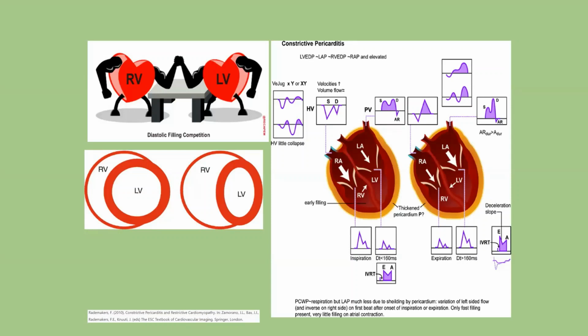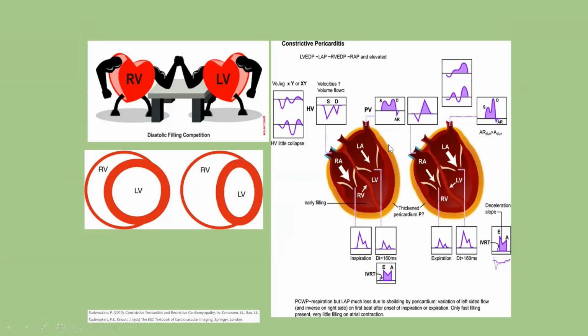Meaning the two ventricles rely on each other in the filling. So the filling of one comes at the cost of the other and vice versa. That is normal, but subtle, a small degree. Now in constriction, this becomes robust, enormous, and pronounced. Why does that happen?